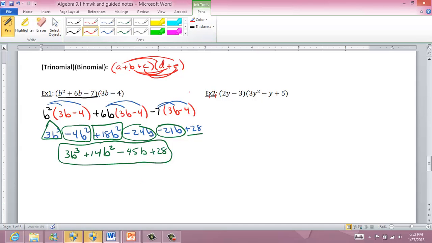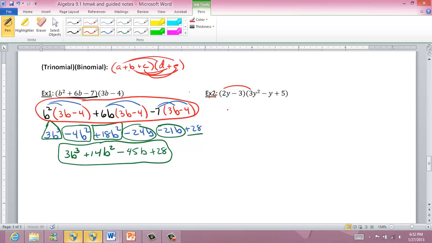So, as soon as we start getting better with these, you don't have to write out and show. It's not extremely important to show this step. But when you're first starting out, it's not a bad idea to do. Generally, what I like to do is just hold my finger on each term in the first polynomial and know that I got to distribute it to every term here.